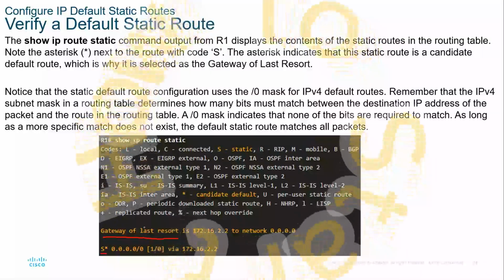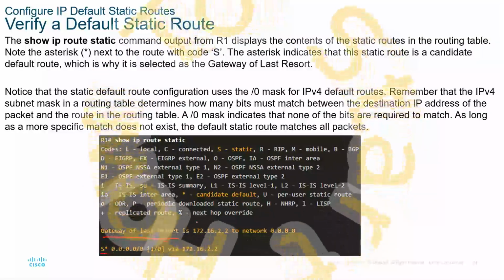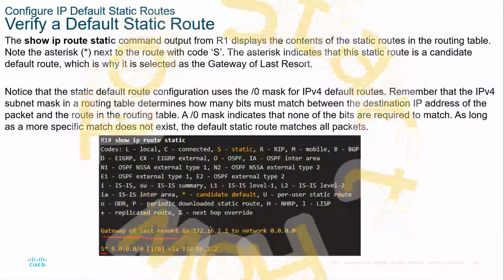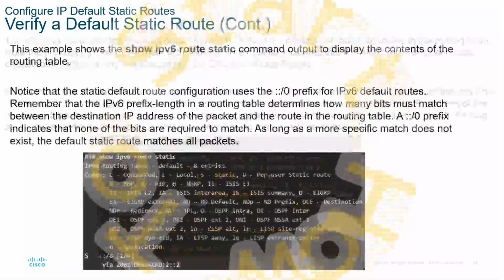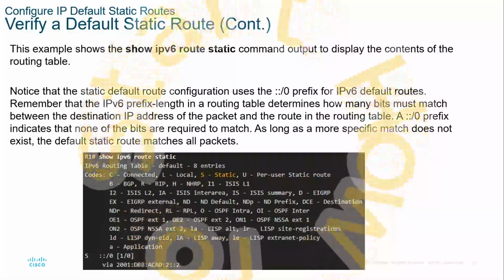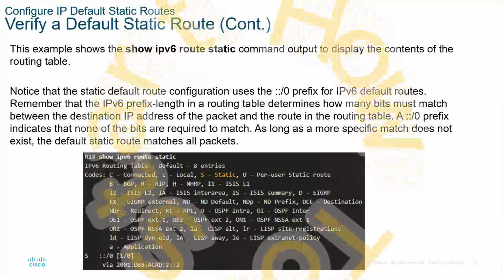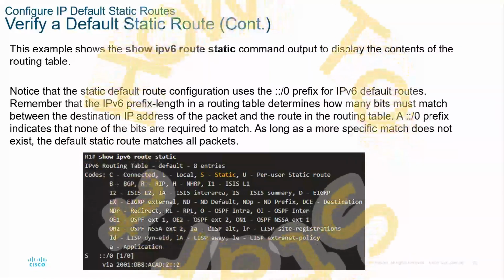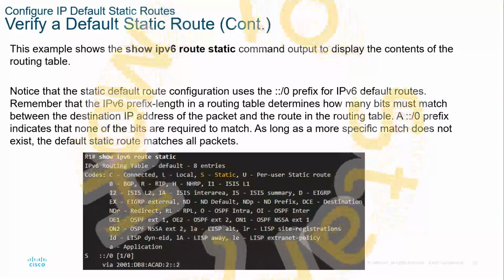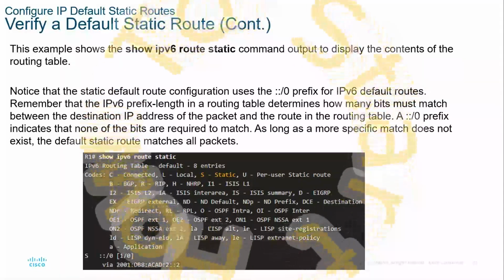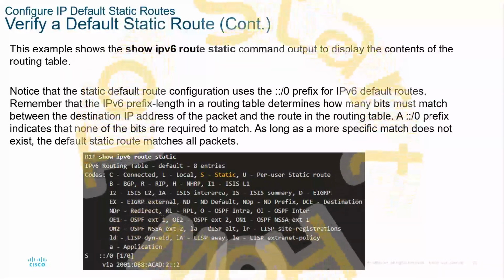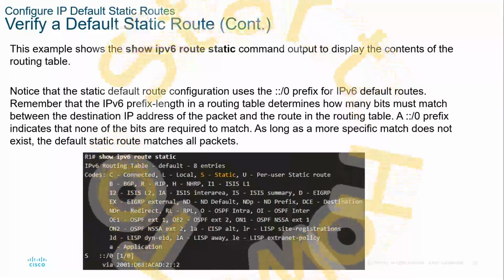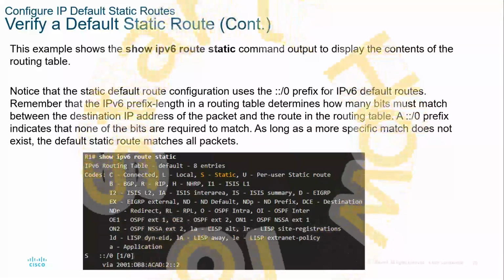So the gateway of last resort could be a different router depending on how we're distributing this. We actually will review route distribution in a later video, because we do cover that when we cover OSPF. So the example below shows how we do it with IPv6. This will show a static route via IPv6.